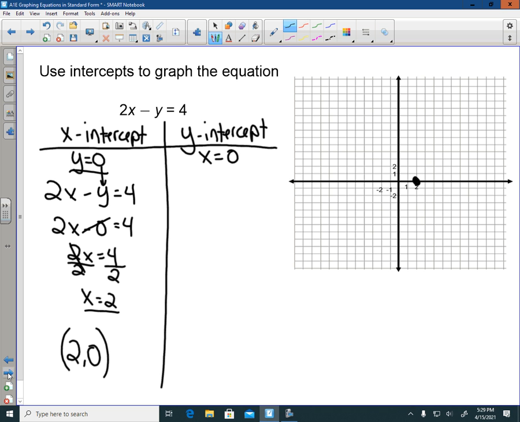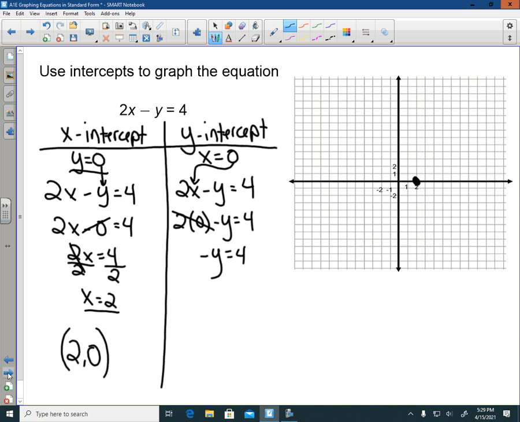Now to find the y-intercept, we've got to use the same equation, but we'll put 0 in for x this time. So we have 2x minus y equals 4 is our equation, but now the 0 is going to go in for x, and we have 2 times 0 minus y equals 4. Well, this goes away, boom, and we have minus y, that negative sign didn't go anywhere, equals 4.